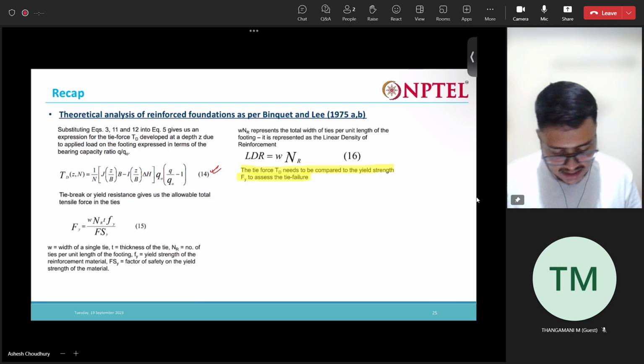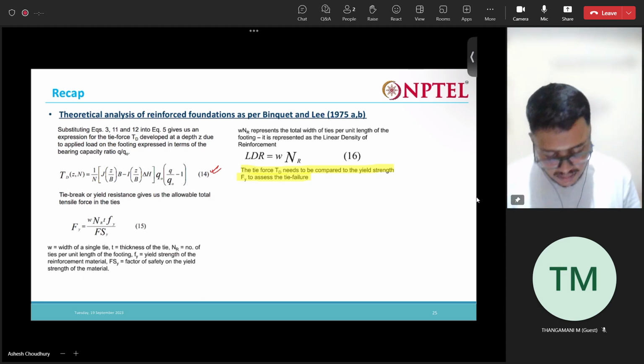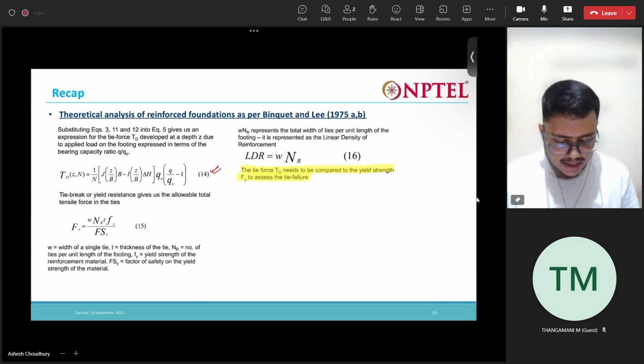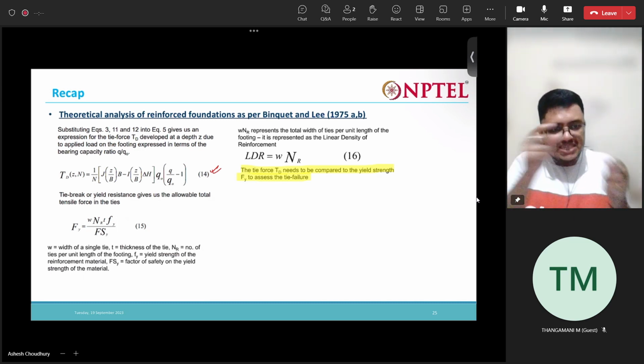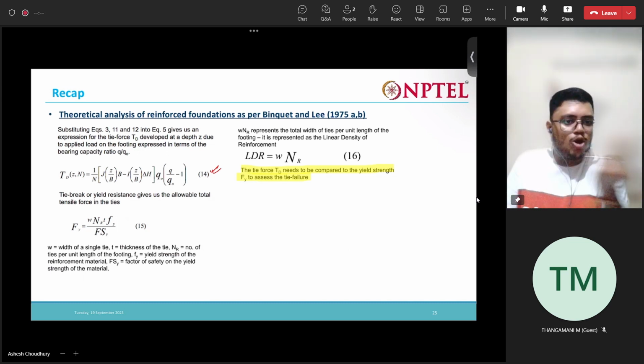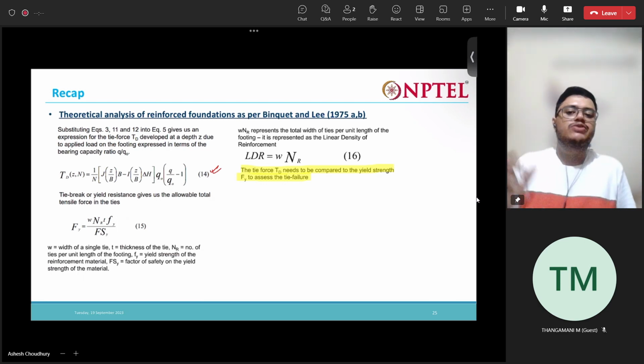And what is LDR? LDR represents the linear density ratio, the linear density of the reinforcement. These are strips, so lengthwise, how much coverage are we providing per unit length? That is given by this LDR.